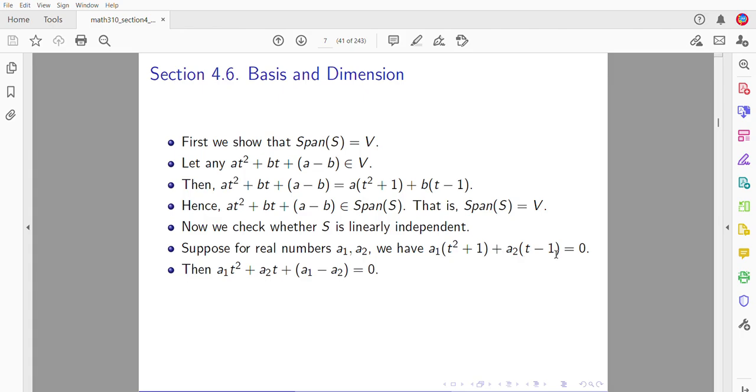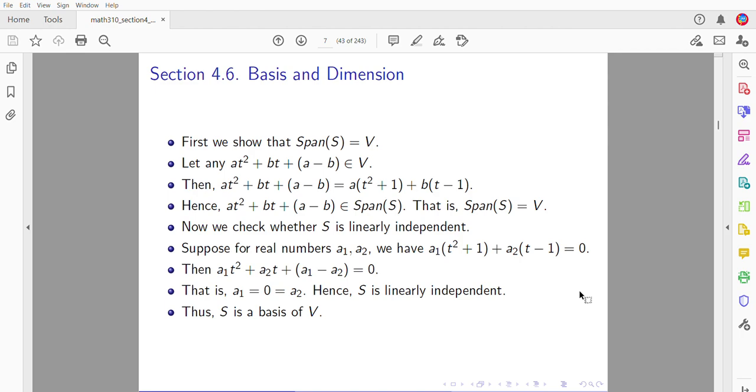This is the zero polynomial, which means a1 has to be 0, matching the degree. The t squared coefficient must be 0. The coefficient of t must also be 0. Which means what? You started with a linear combination of these two polynomials to get 0. Turns out coefficients had to be 0. That means the set S is linearly independent. Therefore, not only does it span V, it is also linearly independent. Therefore, it is a basis of V.